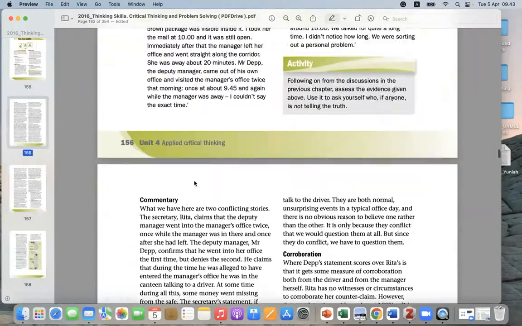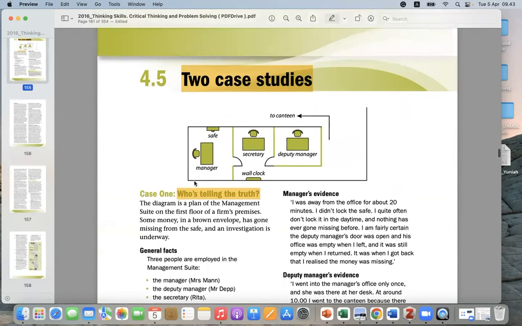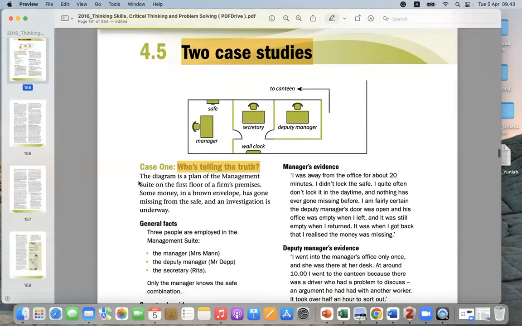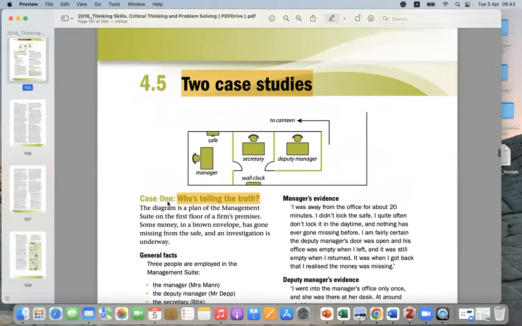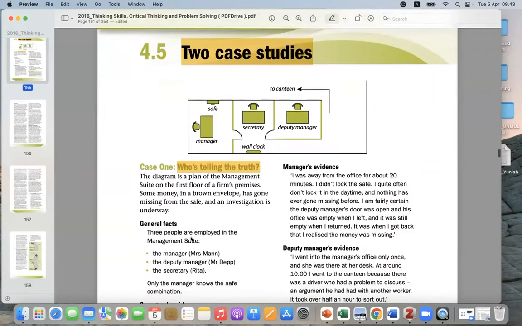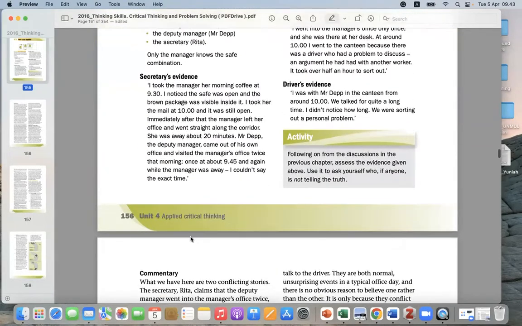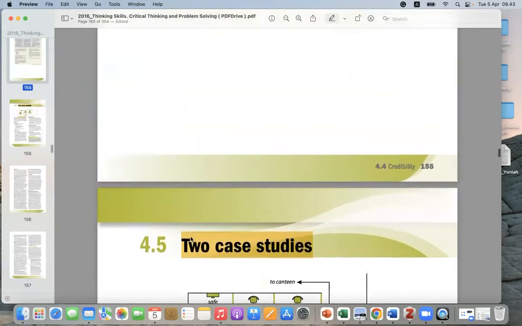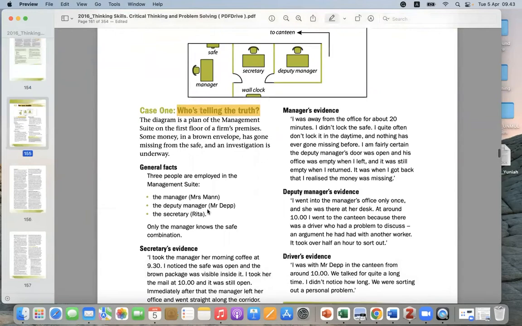All you have to do is understand the cases, read and understand case 1. Baca, dan nanti next week akan saya ajak berdiskusi dan semua harus bunyi gitu ya.